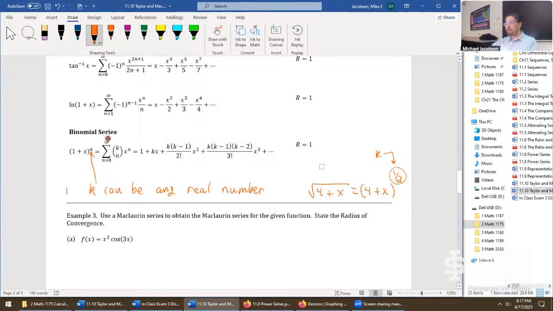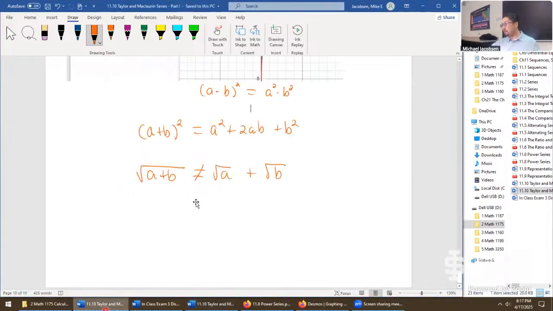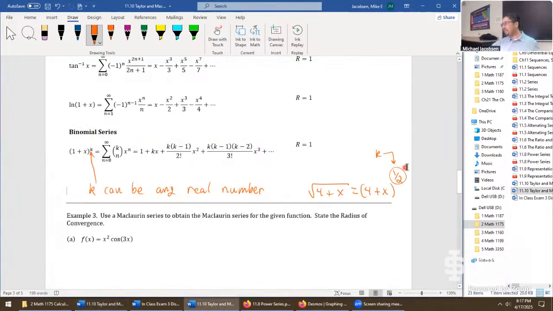The side effect, though, is you get infinitely many terms, whereas in the other problem, you got finitely many terms when the k value was a nice integer like this. If you take k to be a fraction, a rational number, then you're probably dealing with infinitely many terms. But they involve factorials in the denominator, so this is really fast convergence over here.